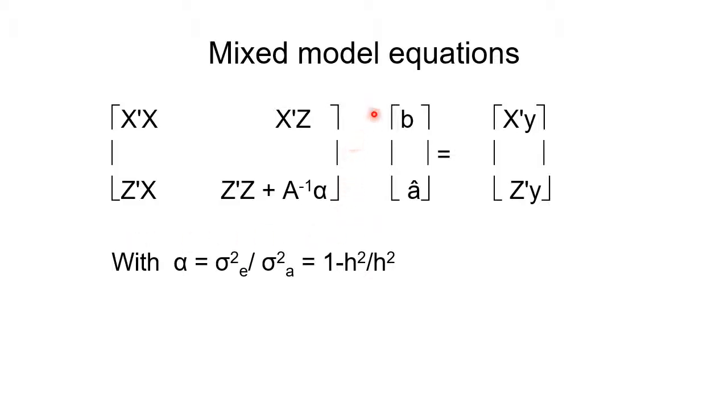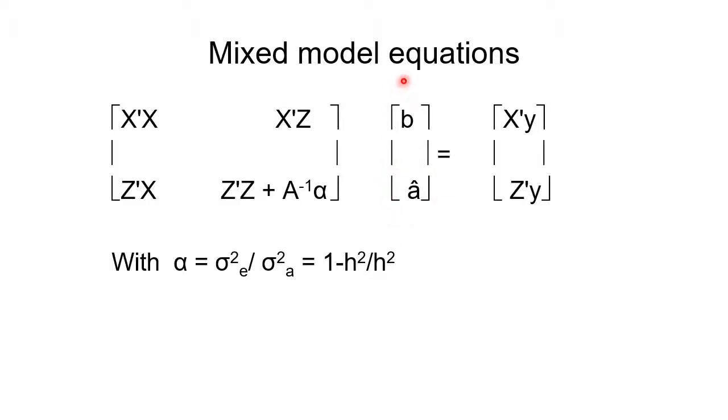We also have a column vector of unknowns, the unknown effect of the environment or the fixed effects like the sex effect or the herd year season effect or the age of dam effect or whatever the different fixed effects or environmental effects are. The unknowns we are really interested in would be the additive genetic merit or the additive value or the breeding value of each of these animals.